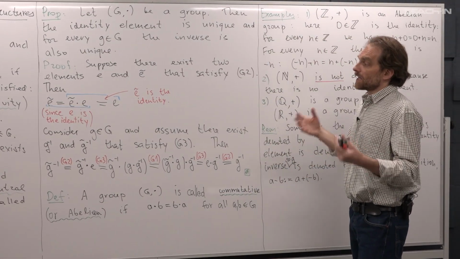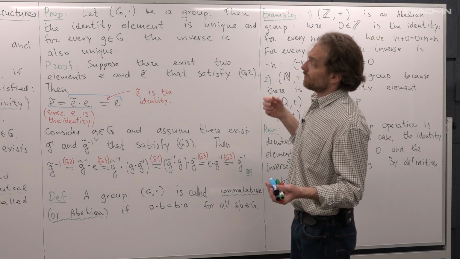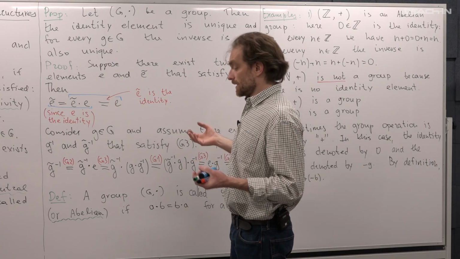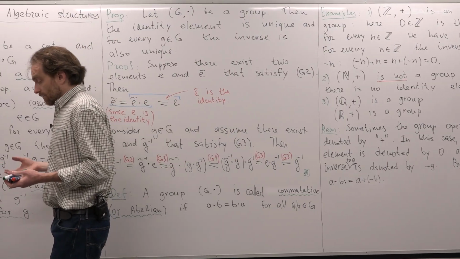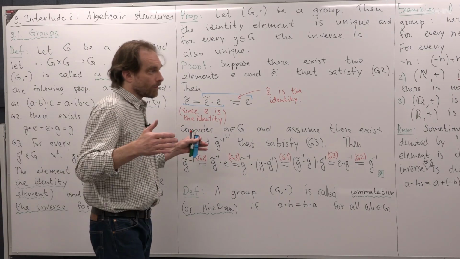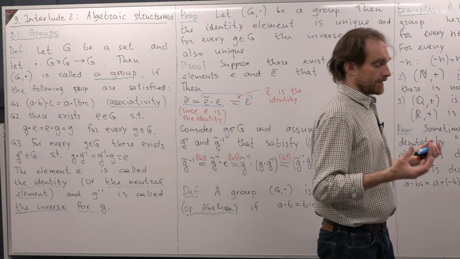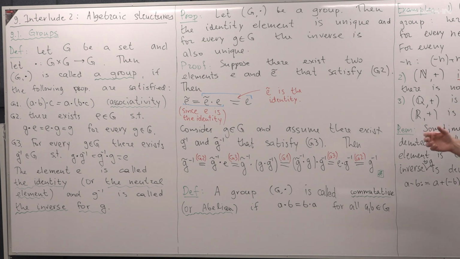And we can study all sets G with these properties, and sometimes it makes sense just because we can formulate some properties, we can prove some theorems for all sets with this structure, and that's why we can use them later for any particular set satisfying this structure.